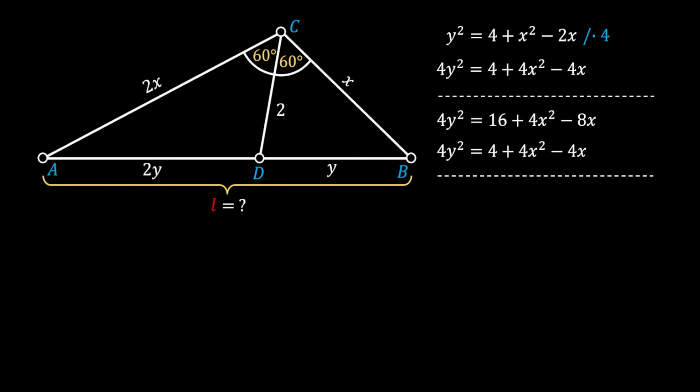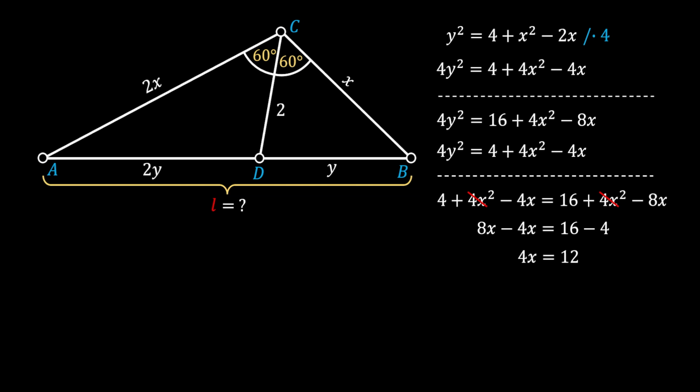Now from here we know that both of those equations are equal to 4y squared, so both of them are equal to each other. Now we can cancel 4x squared on both sides of the equation, and we will rearrange our terms so that unknowns are on the left and the known values are on the right, and we will get that 4x equals 12, which means that x equals 3.